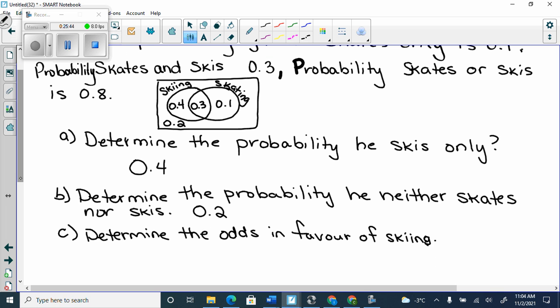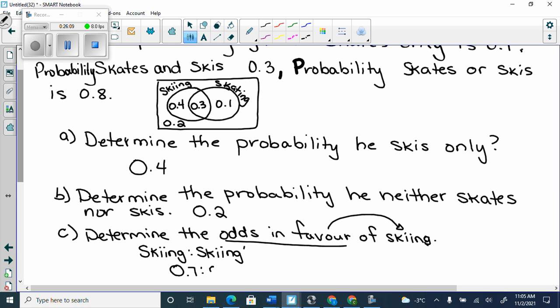Determine the odds in favor of skiing. So odds in favor means it comes first, and it's skiing first. The opposite of skiing is not skating. The opposite of skiing is not skiing. Right? So how many skiings are there? 0.7. How many not skiings?